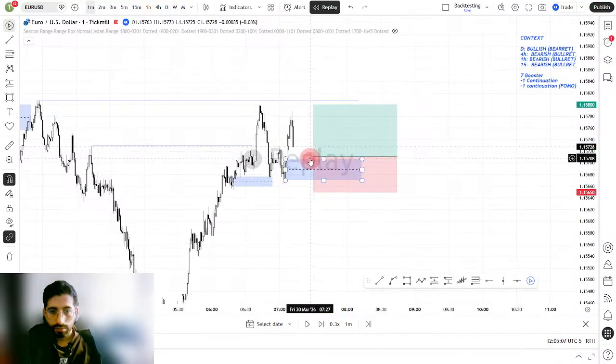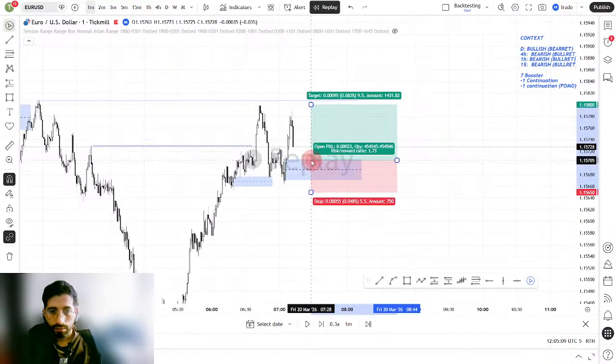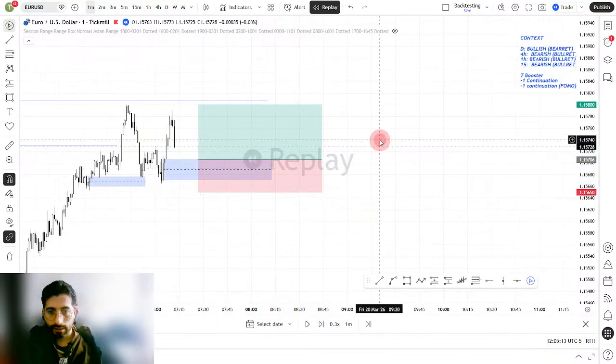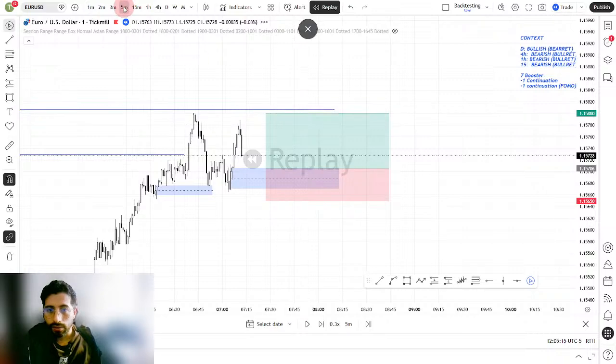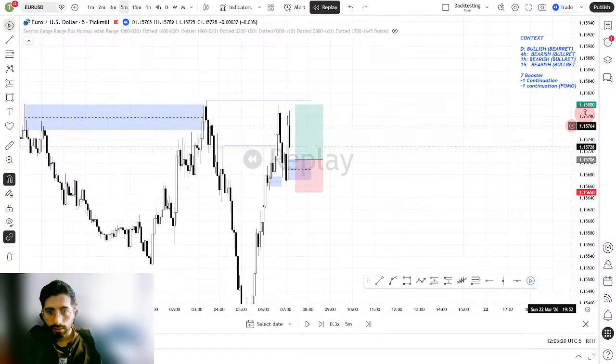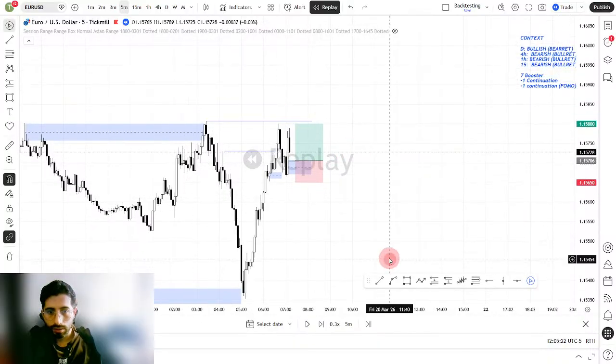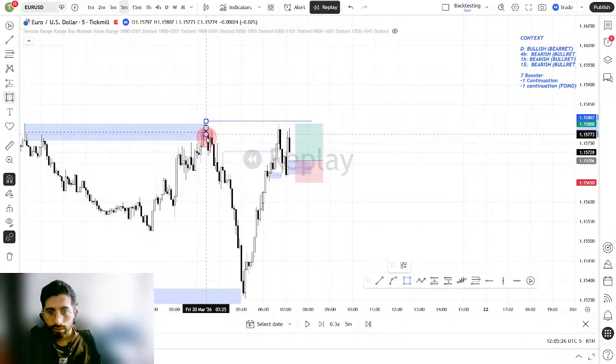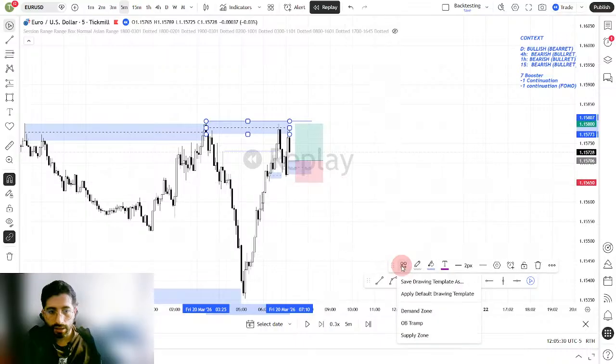6 pips. 5 pips. Yes. Why here? Let me check one thing. We are in an order block, which is this one. Give me a sec, I'm going to help you. No worries.